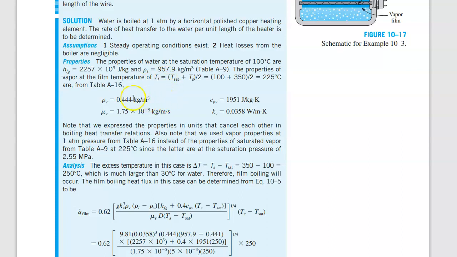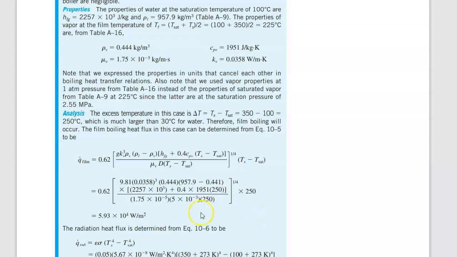So by having these two tables, we could get all the data that we want, and plug in everything back into this equation, and we got the answer is equal to 5.63 times 10 to the power of 4.